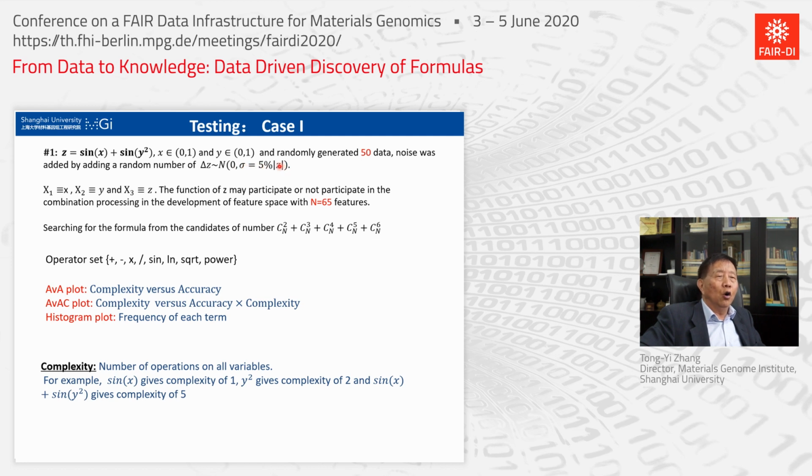Now the total number of features is 65. Then we select potential feature candidates from there, by the conditional number, and we are searching for this. So now we use that. What is our result? Let's see that.